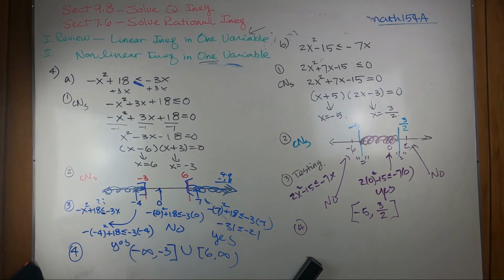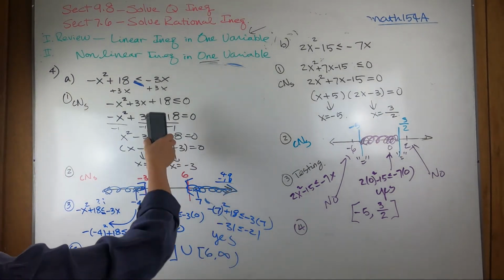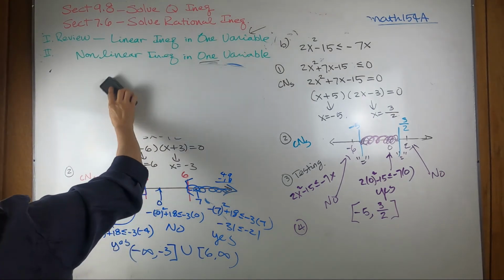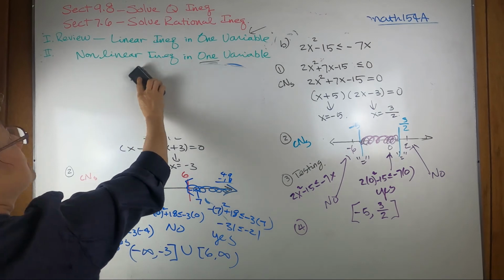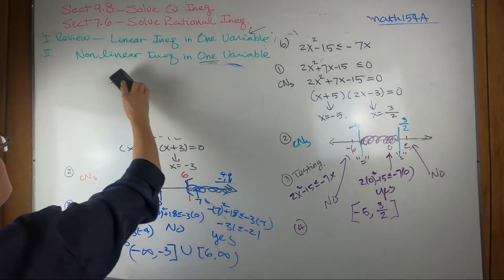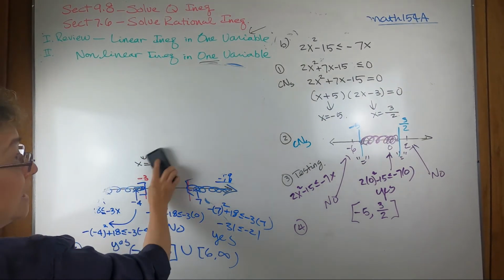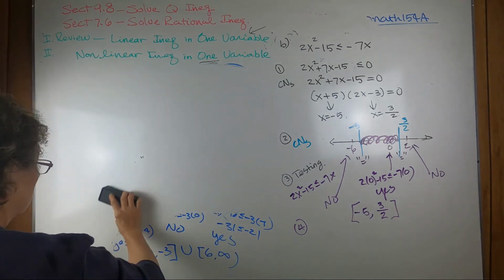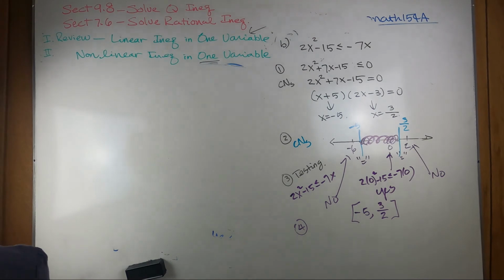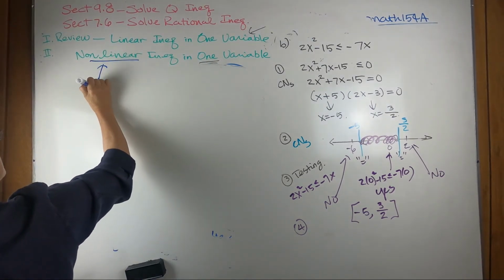Okay, what did we just do? We reviewed the linear inequalities in one variable. Then we found the solutions for x for the nonlinear inequality, quadratic inequalities, in one variable.